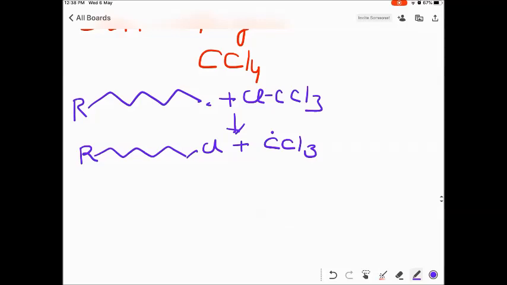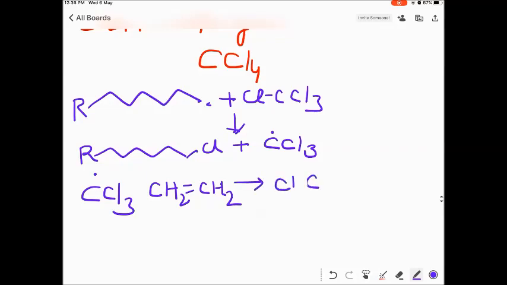Let us see how it happens. This trichloromethyl free radical will react with another molecule of ethene, giving a new free radical.